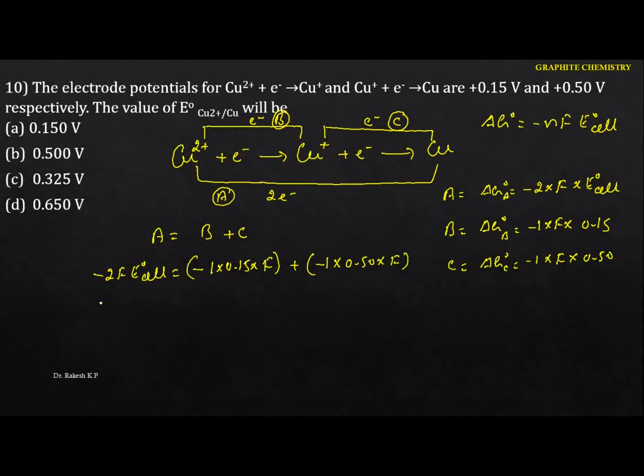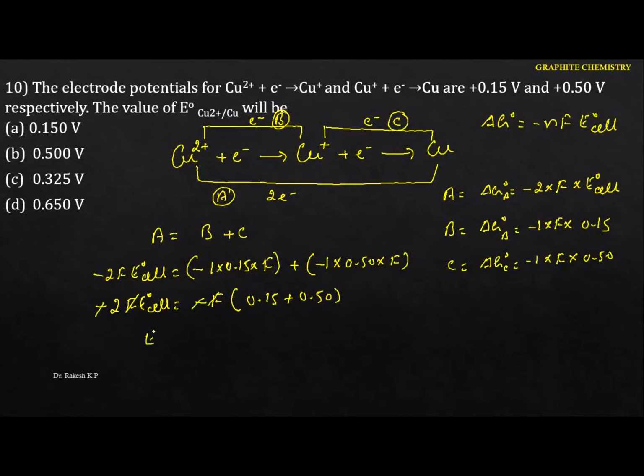I'm going to take F as the common term here. Minus 2F into E naught cell equals minus F into, what are you going to have? 0.15 plus 0.50. Here F gets cancelled, and minus also gets cancelled.